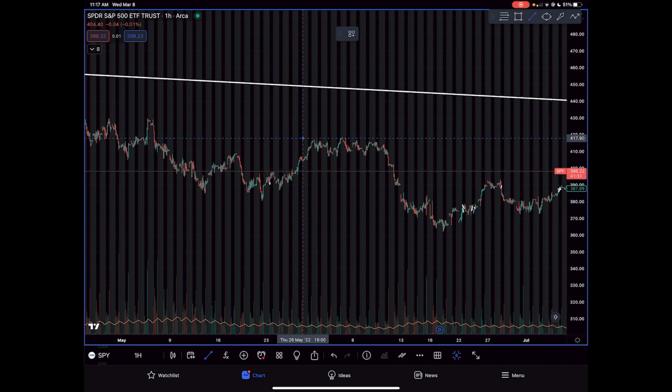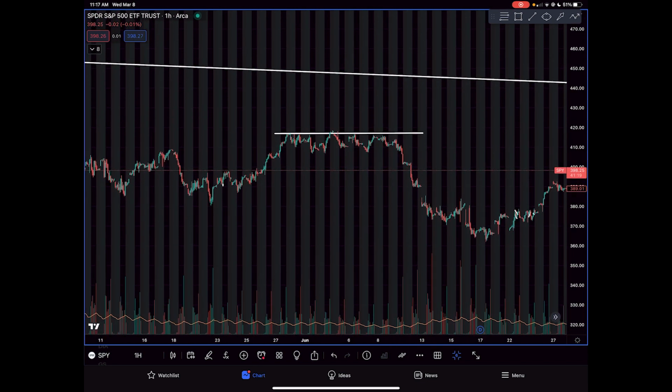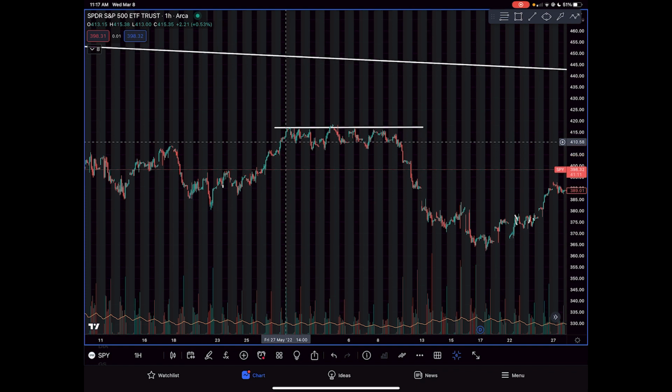See right here how we have almost the same high, same high, same high. So this is a solid resistance level. Now keep in mind this level doesn't have to be exact. The market is not perfect and never will be. You gotta have an eye for seeing these common highs and common lows. As long as they're common, it's decent.